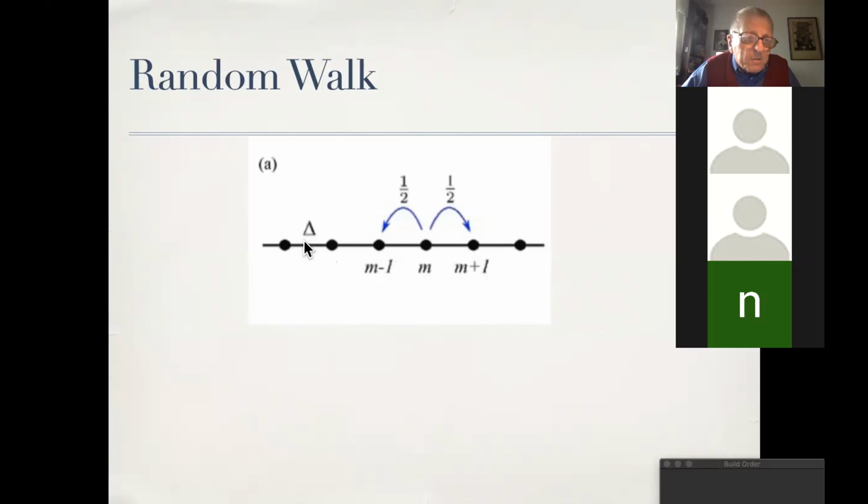And the distance between the bars is delta. So the probability that he will make a step right is 1/2, and the probability that he will make a step left is also 1/2. So once he is at that point, again he has a probability 1/2 of going right or 1/2 of going left, and so forth.